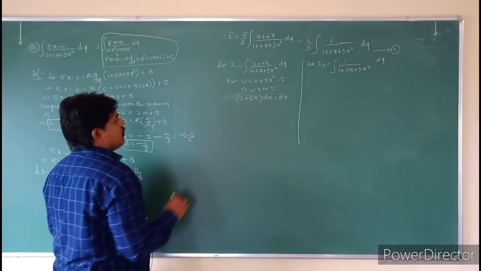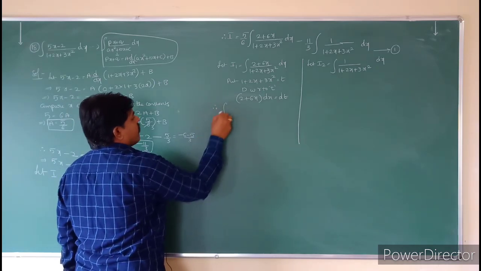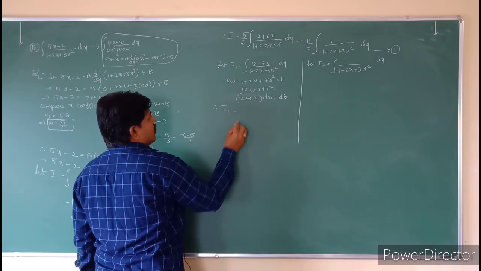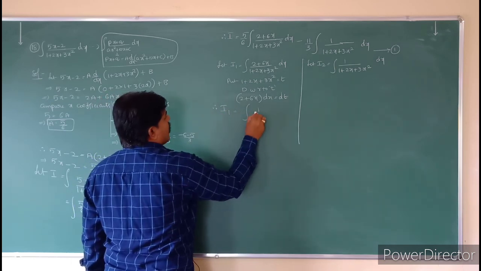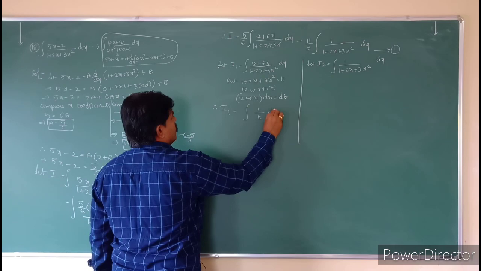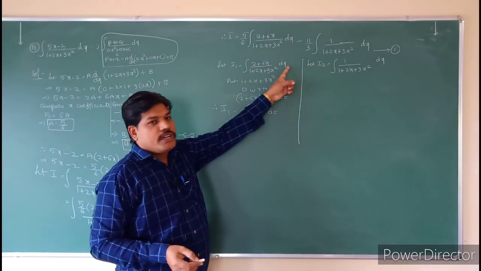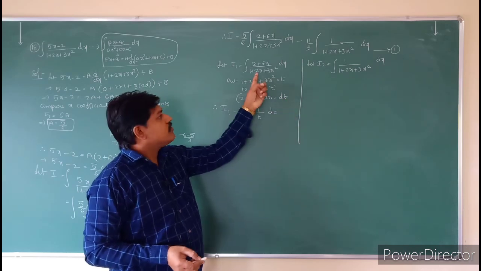Therefore I1 is equal to the integral of 1 by t into dt, since 2 plus 6x into dx becomes dt and this value is t.